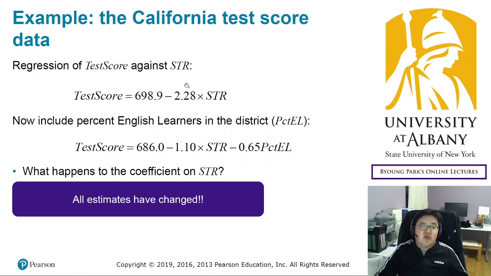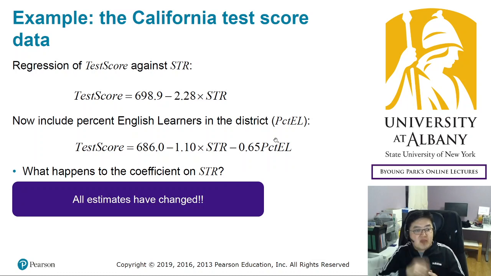So the previous result minus 2.28 was underestimating the effect of student-to-teacher ratio, or it exaggerates the negative impact, it overstates the negative impact of student-to-teacher ratio. Actually it looks like student-to-teacher ratio does have some impact, but not as much as before. So that's what we can find after including another variable.